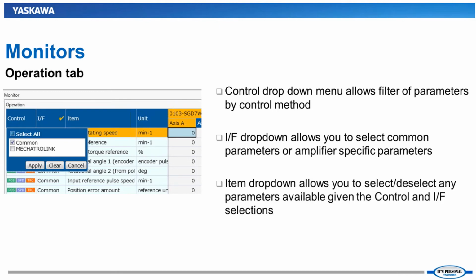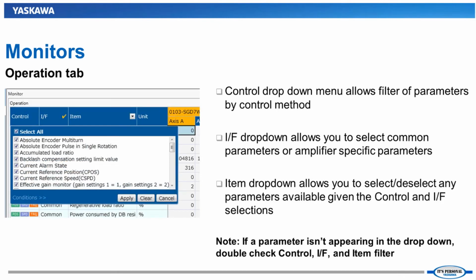And then the item dropdown, which is the last one, allows you to select and deselect all the parameters. And just a note, this list, the item list, will change based upon what you have set for your control and IF filters. So if you aren't finding an item in the item drop-down menu, go back and check your filters to make sure you have all the parameters enabled to be searched.